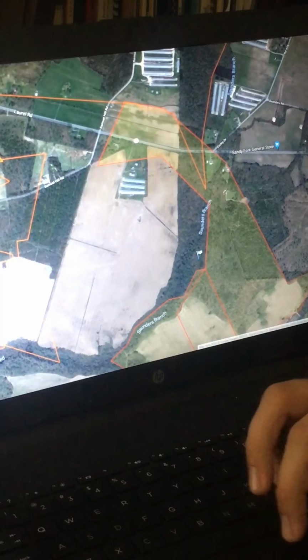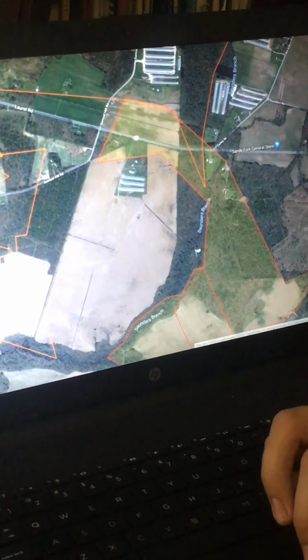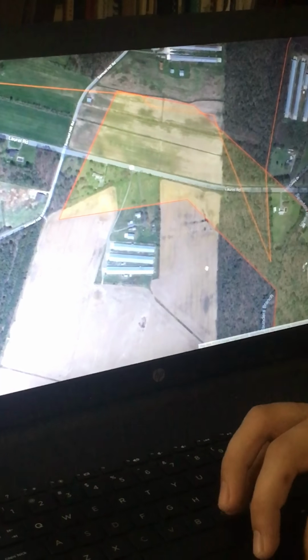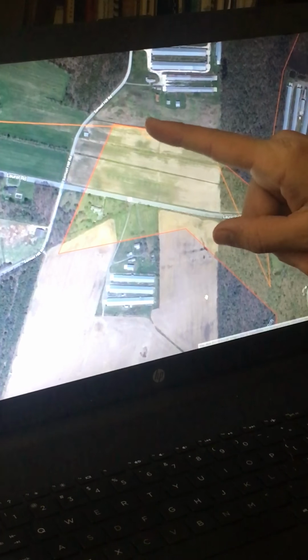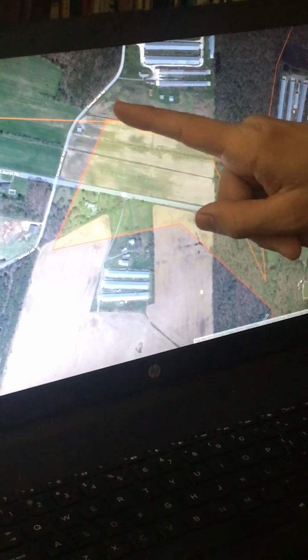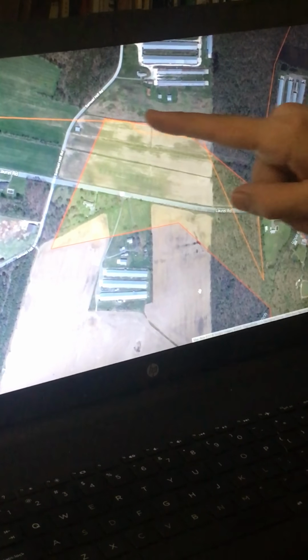Like even up here, the very top line kind of seems to match with this. Looks like probably a ditch running down here.